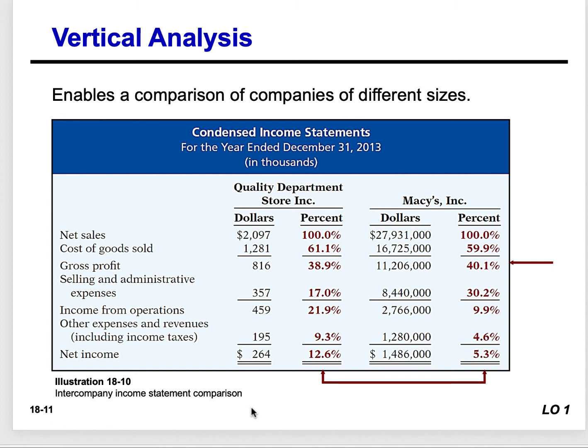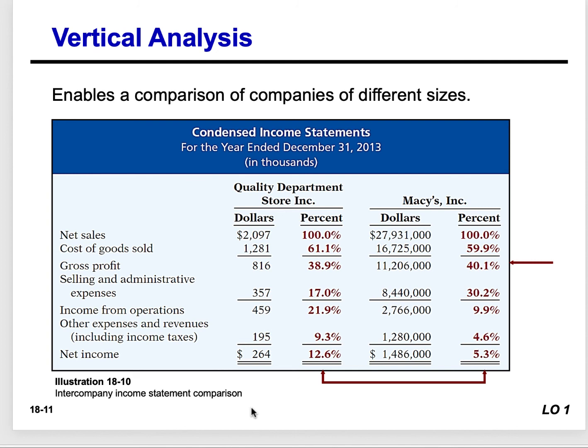So if we look at the net sales, $2,097,000 for Quality Department compared to Macy's $27,931,000.